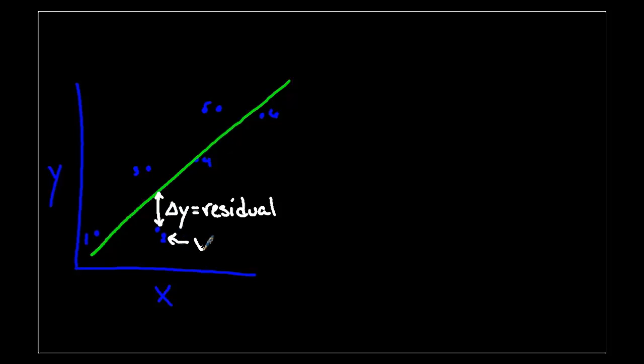The point itself we've named y2. There's an imaginary point on the line that corresponds to the same x value that I'll call y hat 2. Well, y hat is then the predicted value. It's the value that the equation of the line predicts.